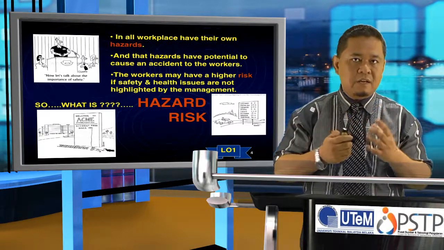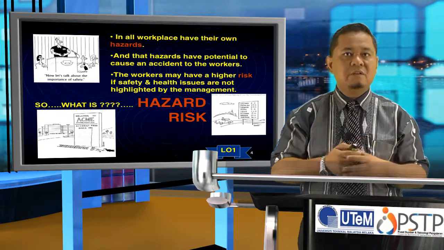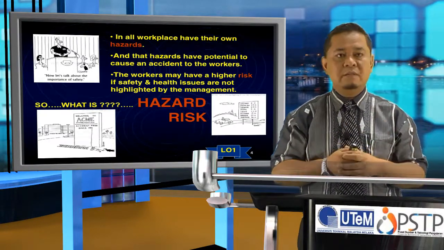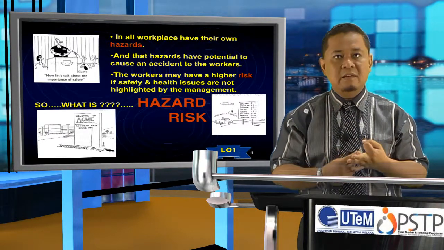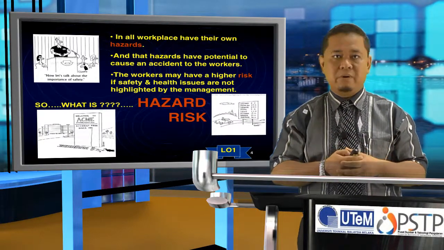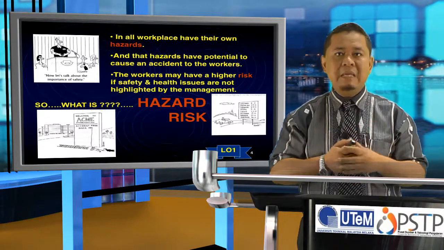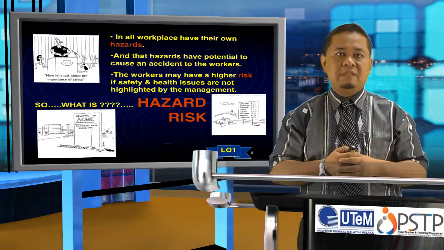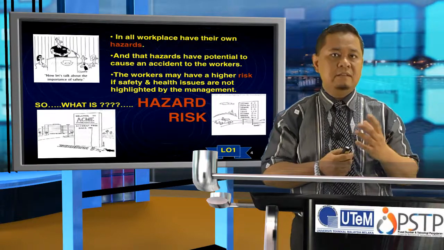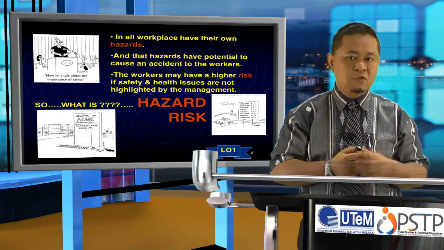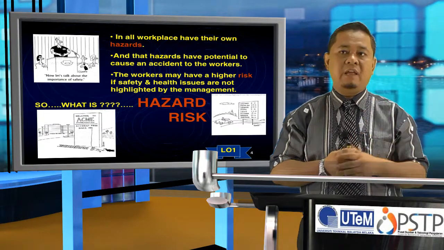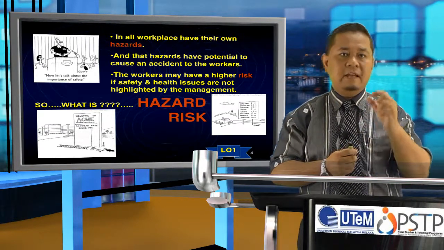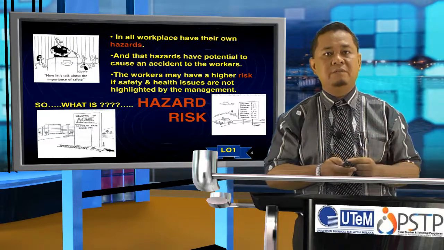And these hazards have the potential to cause accidents to the workers, either injury, death, fatality, or maybe damage to property. So the workers may be at higher risk if safety and health issues are not highlighted by the management. So the question is, can you define what is a hazard and what is a risk?